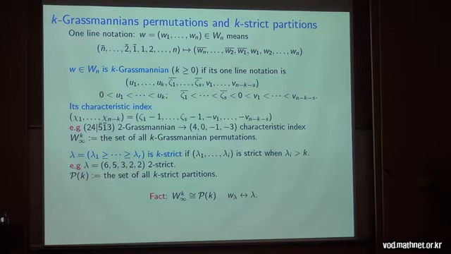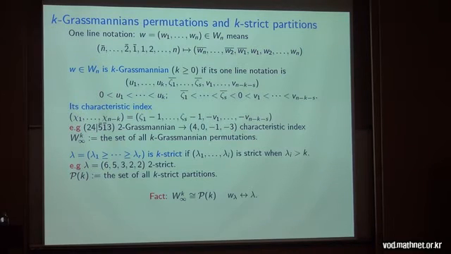Among the letters in this one-line notation, there are these inequalities. If you know type A Schubert calculus and the Schubert calculus for the Grassmannian, you often hear about the Grassmannian permutation.